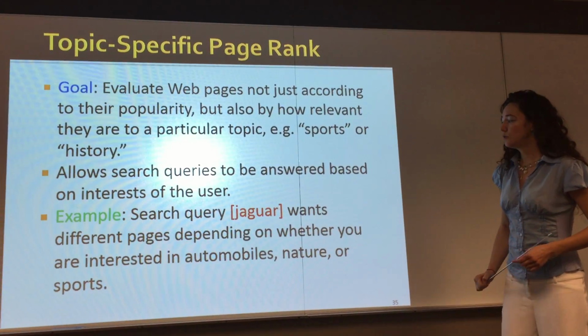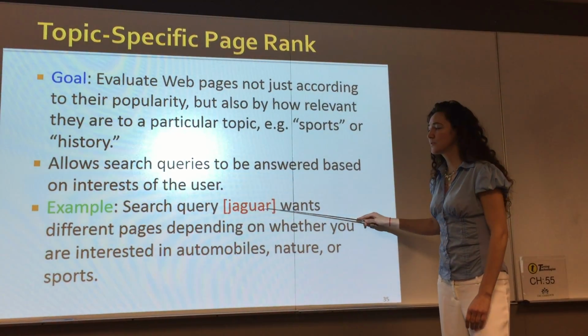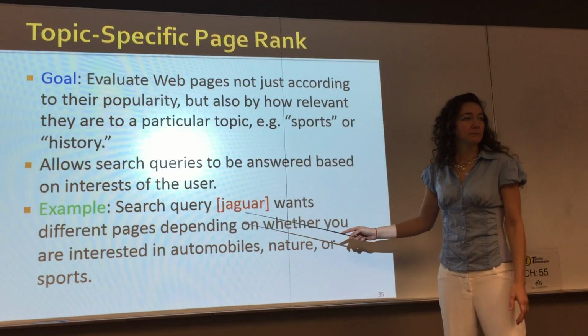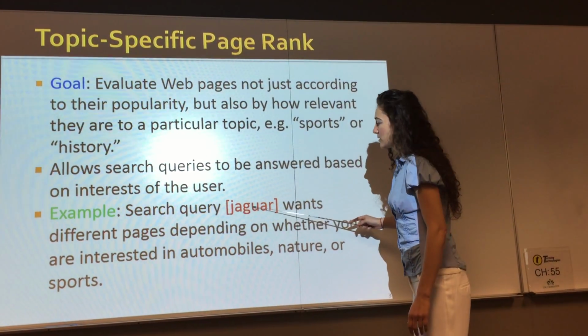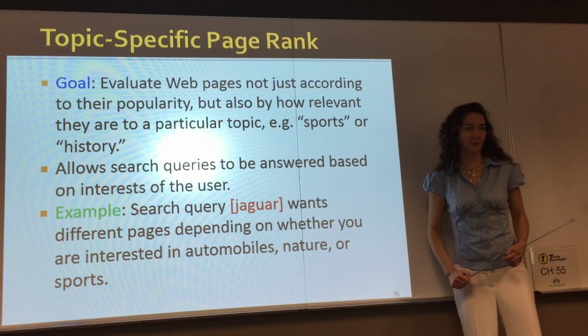Then they are looking for a web page that probably is the name of some sports team, Jaguar. But if the person is interested in cars and automobiles, this might be the Jaguar car brand that they're looking for.